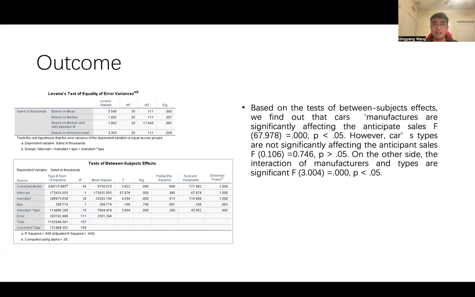However, the car types do not significantly affect the anticipated sales; the p-value is 0.7656, which is much larger than 0.05, which means it's definitely not significant. On the other side, the interaction of manufacturer and types is significant because the p-value equals 0.000 and is less than 0.05, which means the interaction is very significant.